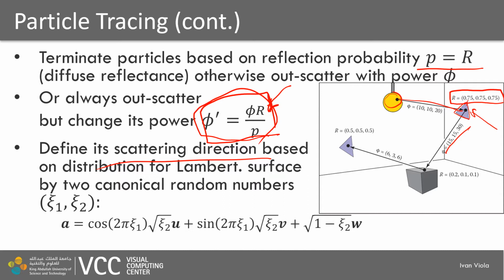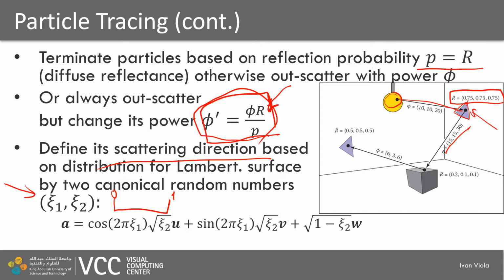So we could use what we have already obtained from the sampling lecture, where we have discussed that given two canonical random numbers, which are defining two random picks on the interval 0 to 1, we will transform this fair sampling of the 0-1 interval into the fair sampling of the hemisphere.